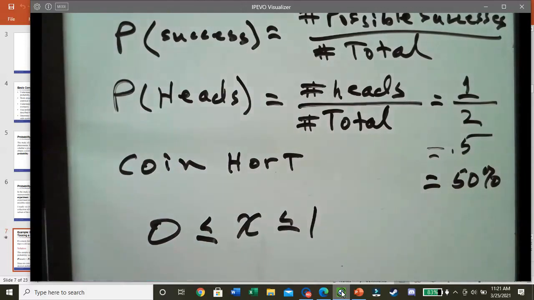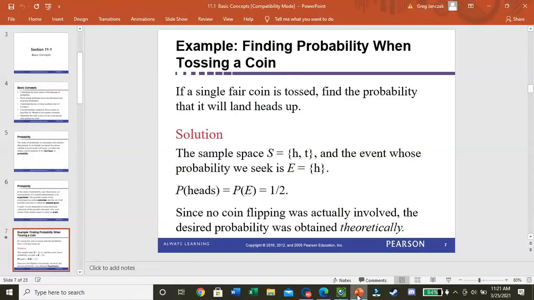Okay? All right. Any questions there? So here we have the sample space, heads or tails, and the event whose probability we seek is heads. So the probability of the event, meaning heads that we're looking at, is 1/2.